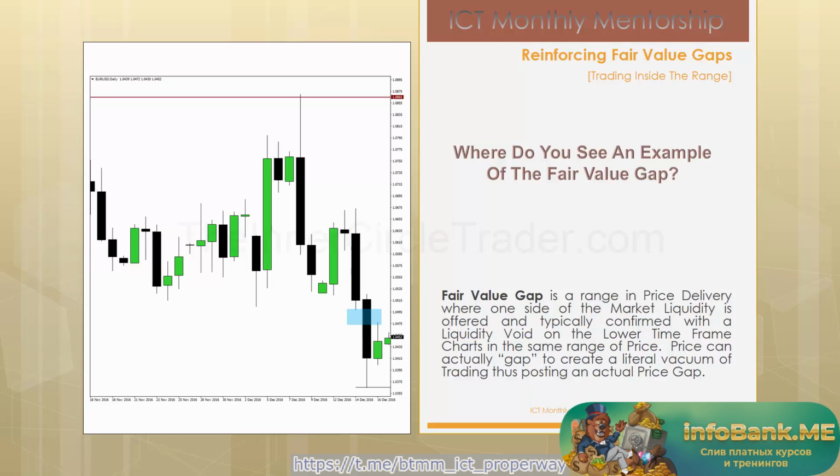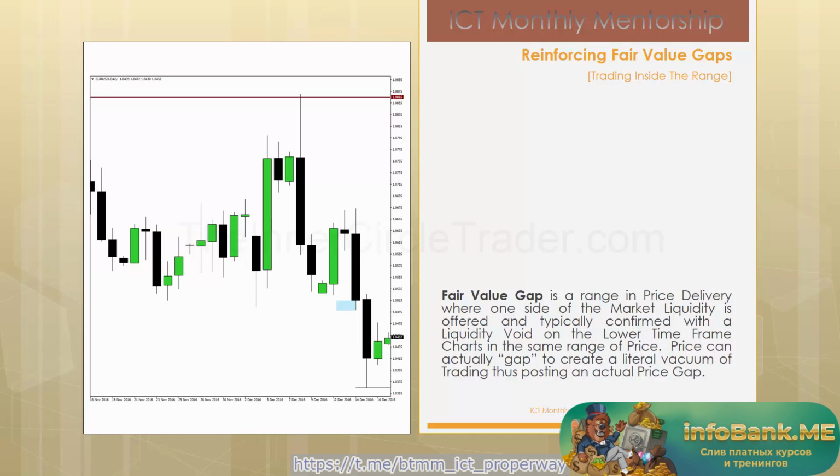It's about a 20 pip range on the daily. But inside of that blue shaded area, that is what is commonly referred to in my work as a fair value gap. So let's take a look at what makes that gap so significant.